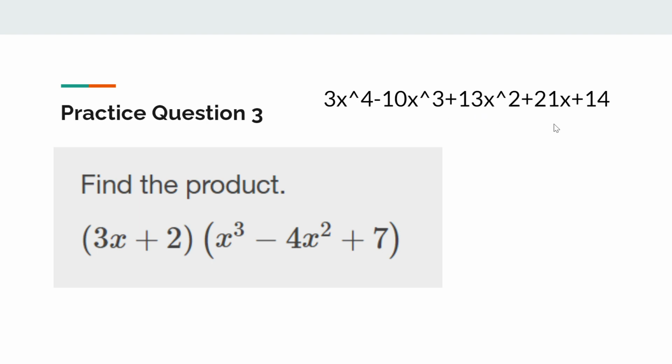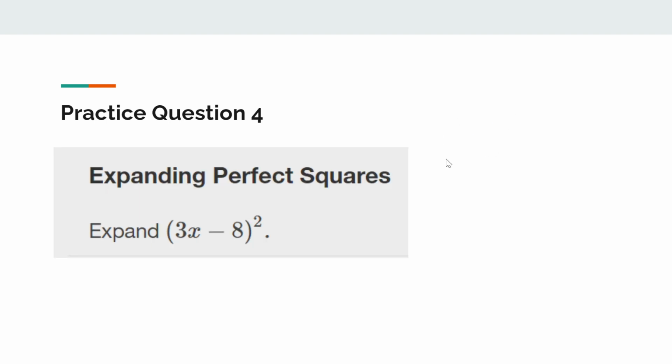And then for the last two we get 21x, since this 3x times 7 is 21. And then for the last term, with no x, we just got 14. So the result is 3x to the power of 4 minus 10x cubed plus 13x squared plus 21x and then plus 14. Practice question number 4.